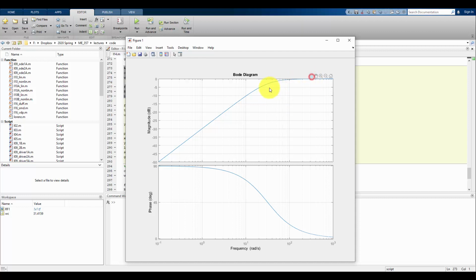And checking the cutoff frequency, we're looking for about -3 decibels. And we see at -3 decibels, the frequency is 31.5. So again, that is that 5 Hertz. All right, so that checks out.